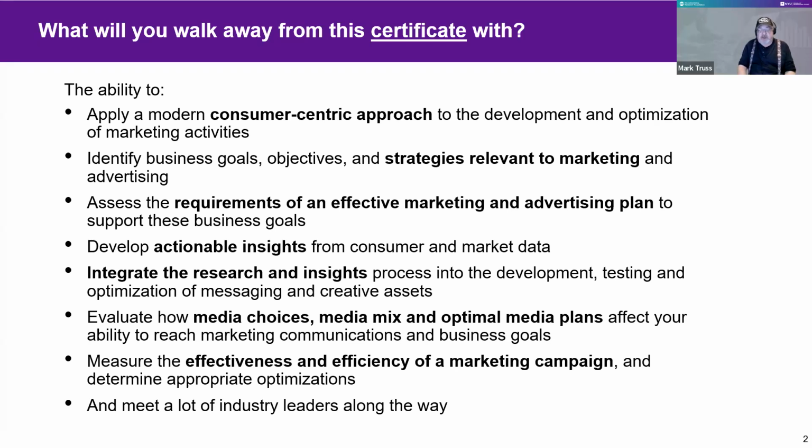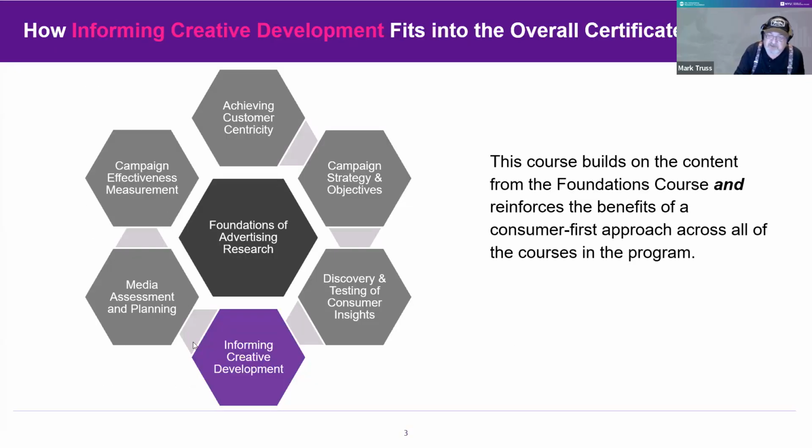A consumer-centric approach about creating marketing and advertising campaigns, right? Identifying the goals and objectives of the campaigns, the requirements of an effective plan, getting actionable insights that can be used in the creative development process, how you build media choices and research for media, and then what kind of research do you conduct to understand the effectiveness of that campaign.